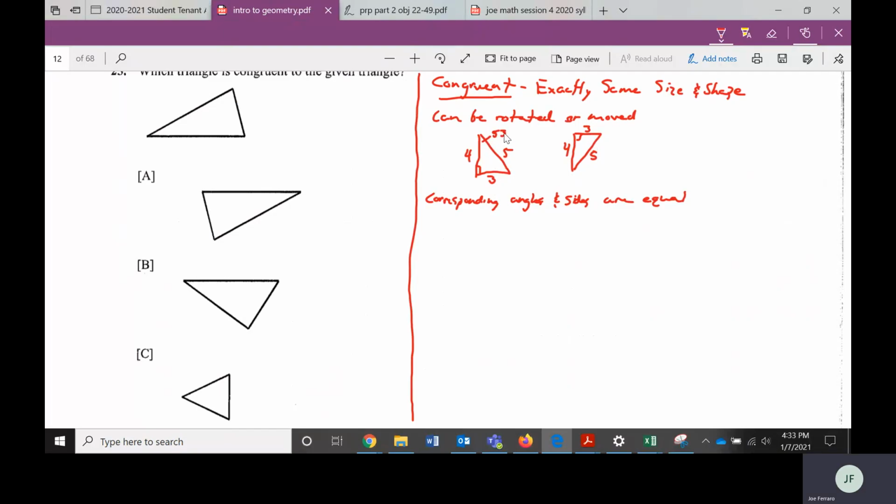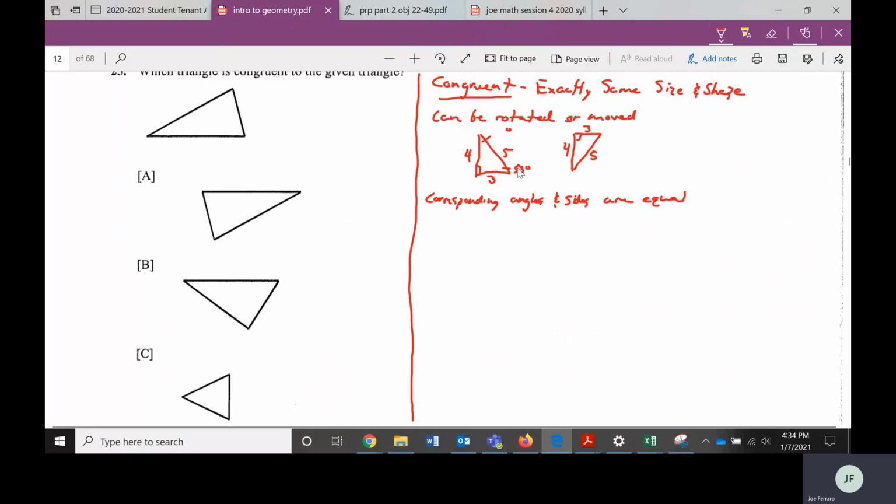If I was more specific in these type of triangles, this would be about 53 degrees. This would be about 37 degrees. So same would be here. That's actually, I got that backwards. Not that that's a huge deal, but I want to have it right.